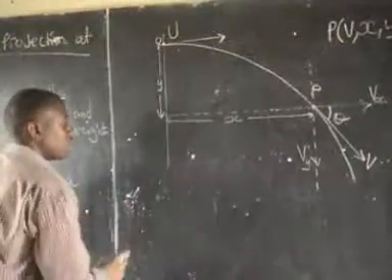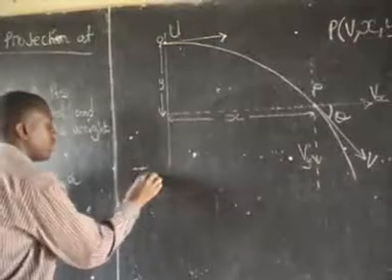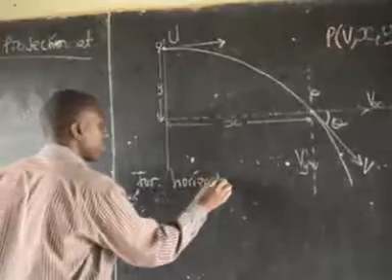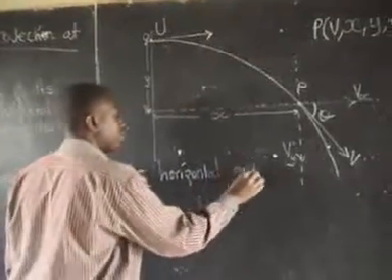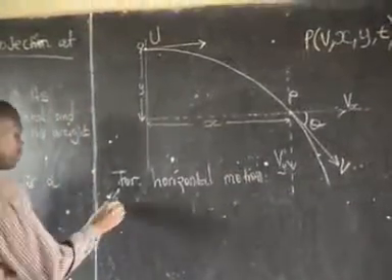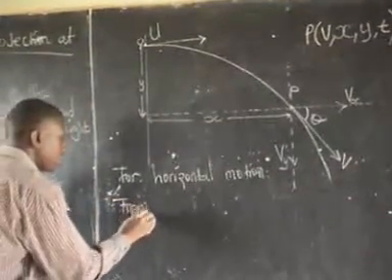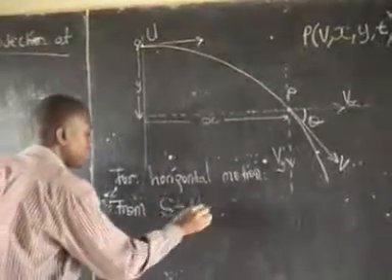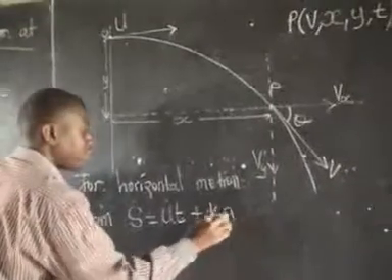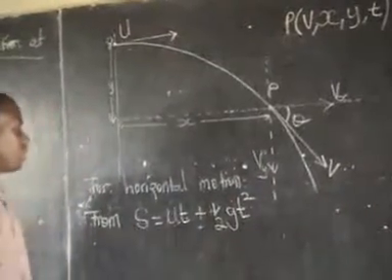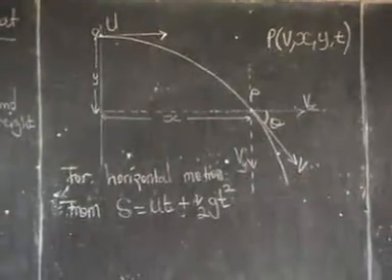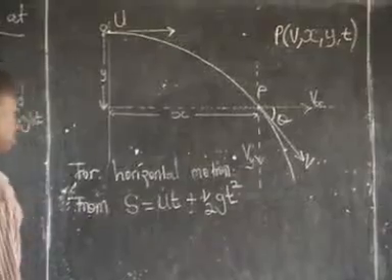So considering horizontal motion, from s = ut + ½gt². That is the general equation for a body which is uniformly accelerated.